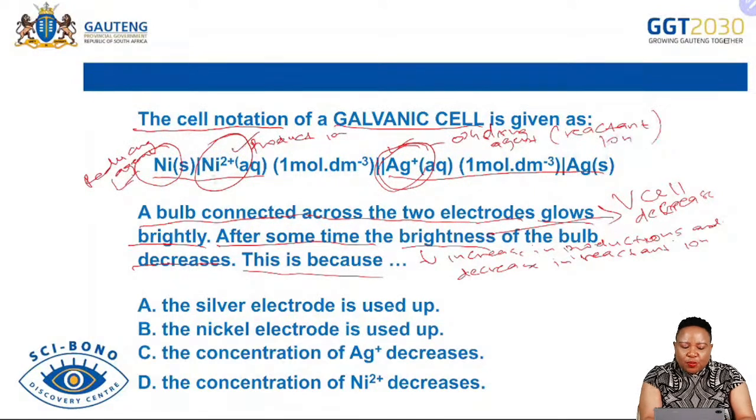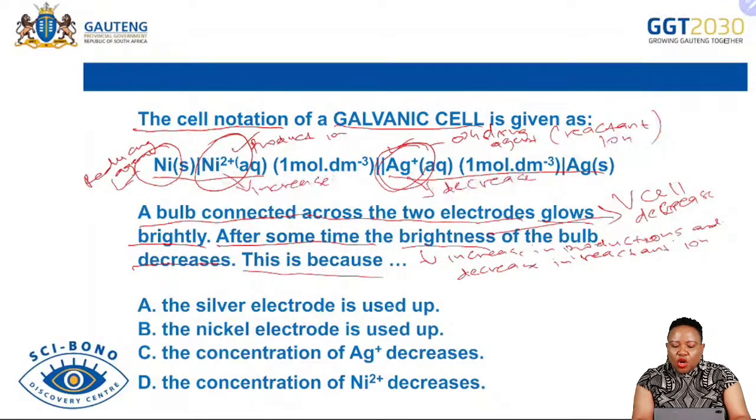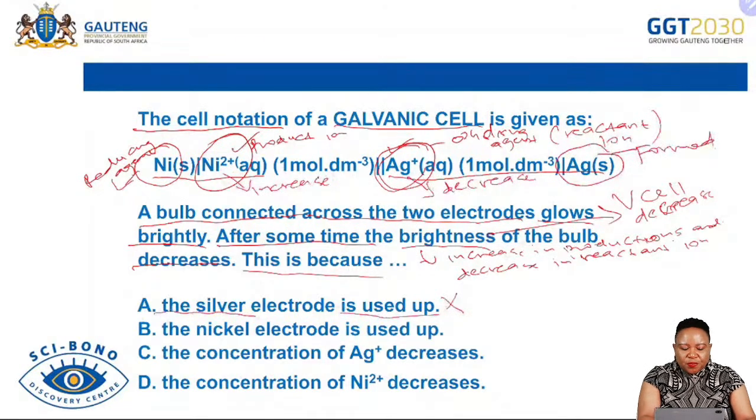So we expect this one to increase in terms of the concentration and this one to decrease. So let's say the silver electrode is used up. There is no way that the silver electrode can be used up, because silver electrode is formed when a silver ion gains an electron.